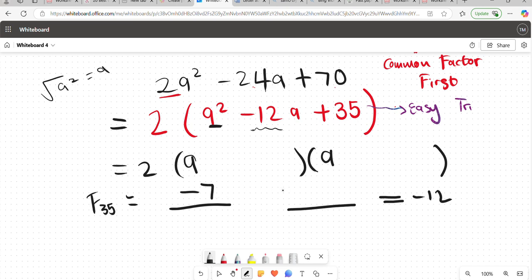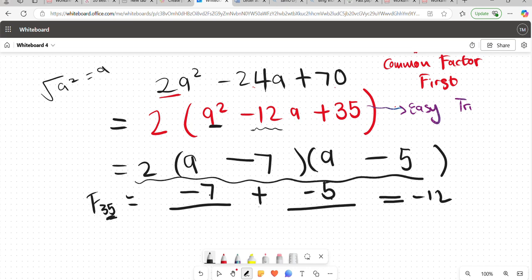The 7 needs to be negative, and the 5 needs to be negative. Why? Because a negative times a negative will give me a positive 35, but a negative 7 plus a negative 5 gives me a negative 12. So these are the factors I'm looking for. I put the negative 7 there, I put the negative 5 in there, and this is your final answer.